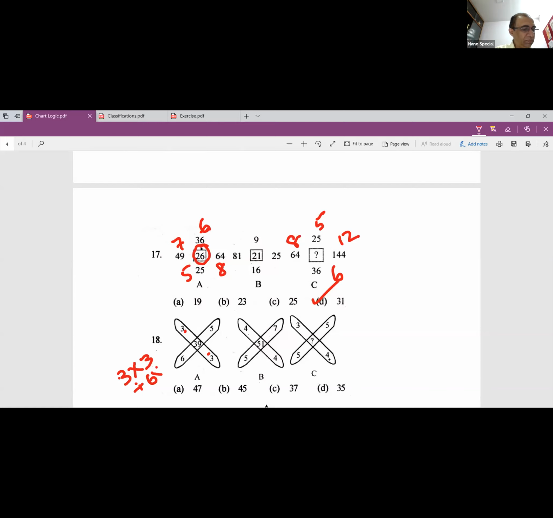What can I do? My screen is stuck. The screen sharing is becoming a problem. Okay. Just give me a minute.